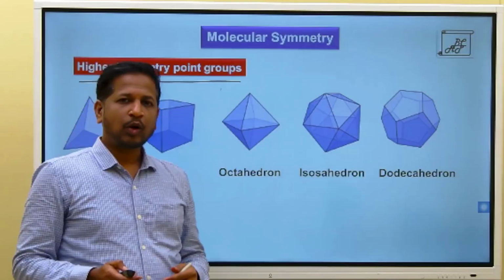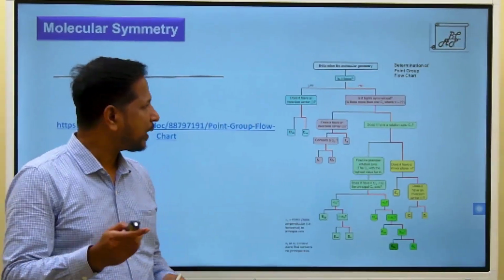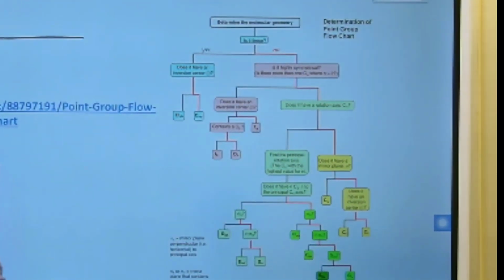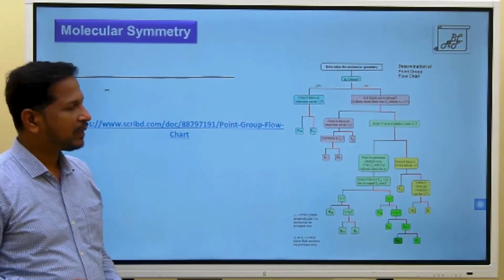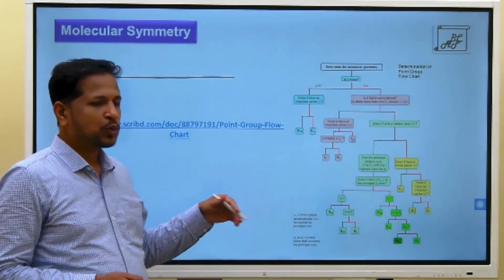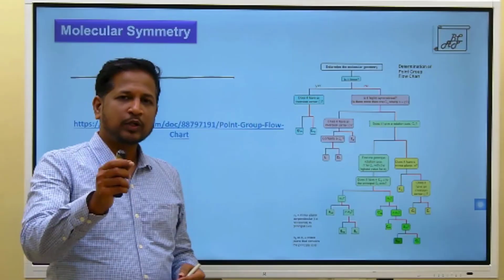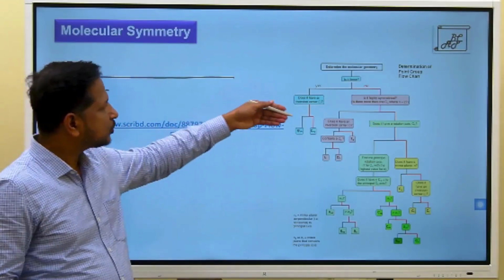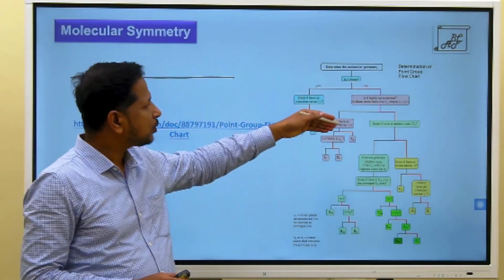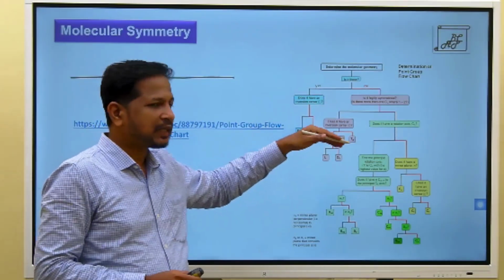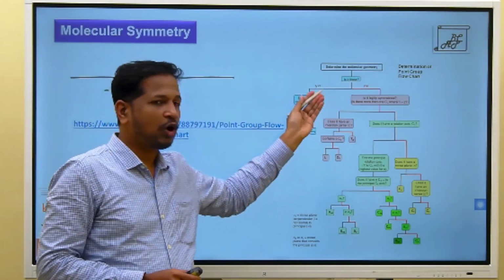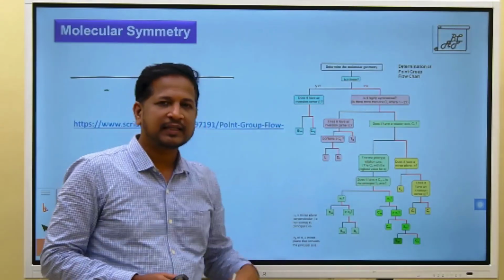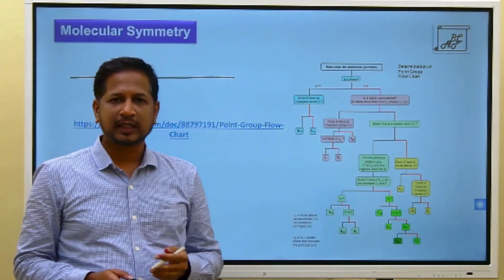Now it is very important to identify the point group of any molecule. On the internet there are many charts available like this, which help to identify the point group of a molecule. In these charts you can proceed stepwise, checking what type of symmetry element is present or not present, and you can arrive at a decision about the point group of that molecule.